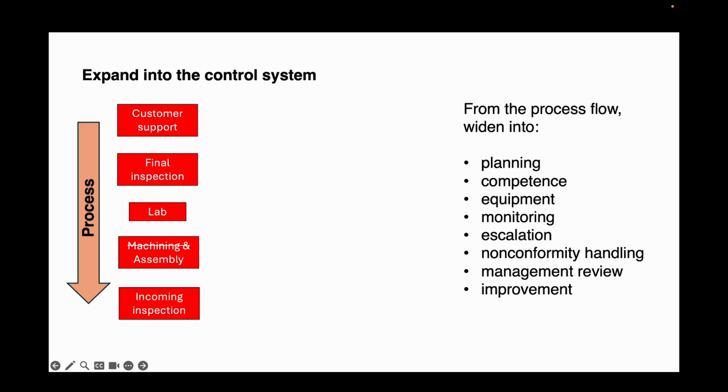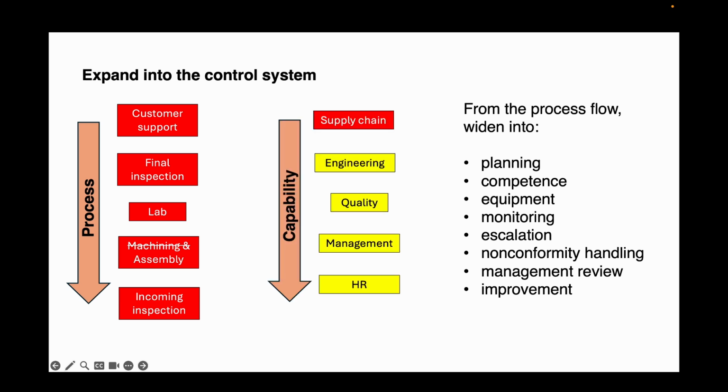But backward flow should not stop at the physical or operational flow. Once the first trail is visible, the auditor should expand into the broader control system. So that means planning, competence, equipment, monitoring, escalation, non-conforming handling, management review, and improvement.